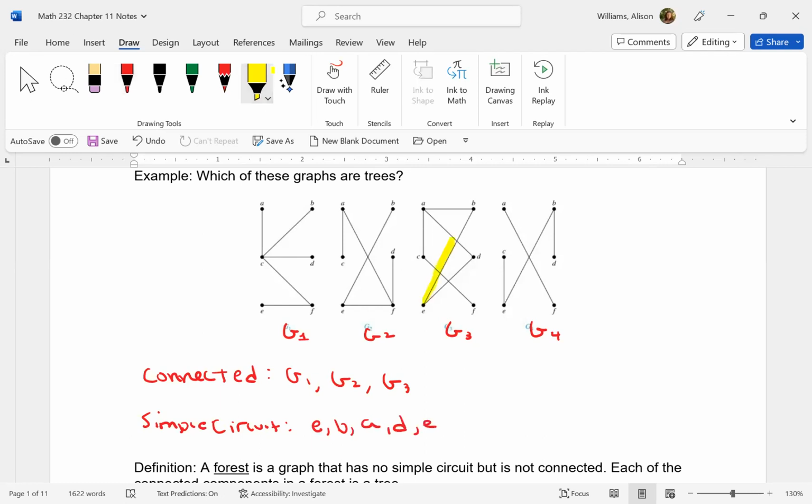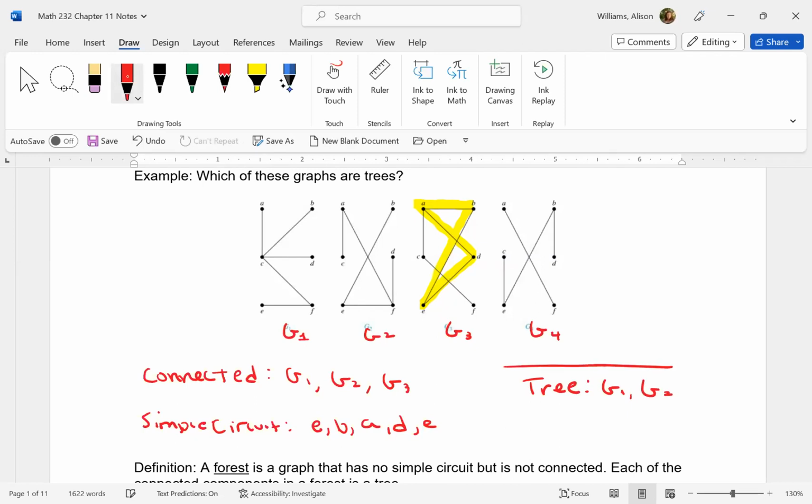So E to B, B to A to D, back to E. That path forces me back to E. So that circuit is the problem with G3, which means that the only two trees here are G1 and G2.